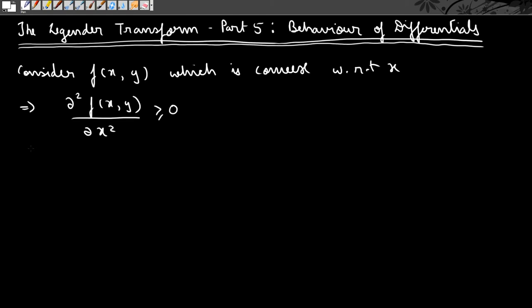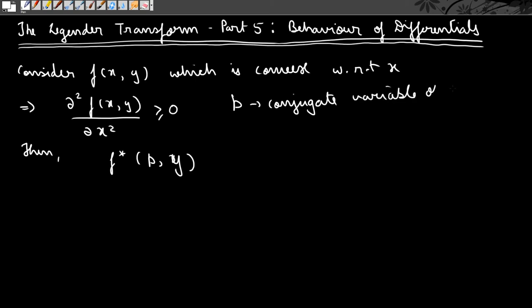Then how do we describe the Legendre transform of this function? Then f star of p comma y, where p is the conjugate variable of x, would be nothing but maximizing over some variable x dash the expression p x dash minus f of x dash comma y.